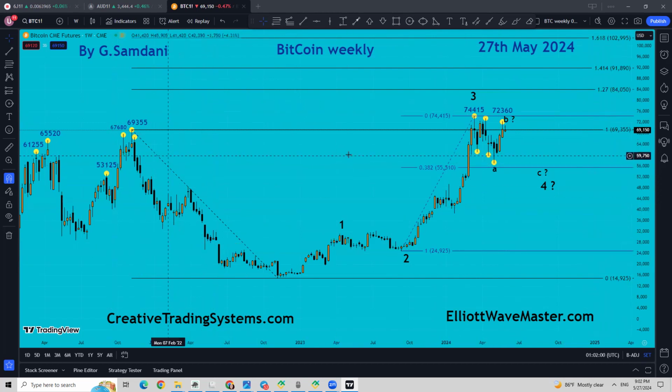Right now, like I said, we are sitting and slowly dropping just below 69,355, this high. Next would be this, then this, then this, then one of these, right? And then let's see what happens. So this is how I look at it, wave 4 underway, and let's see what happens.